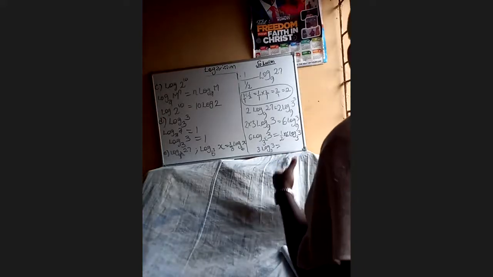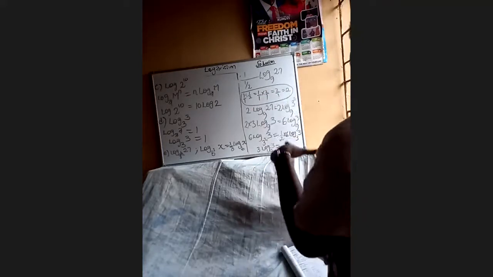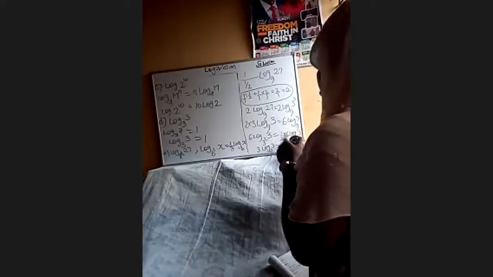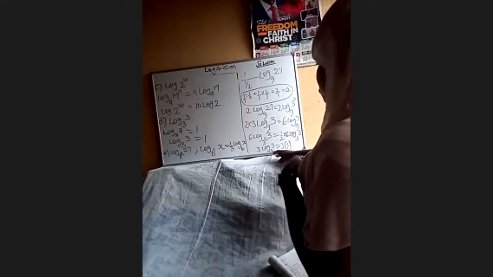Don't forget the rule of logarithm to its own base: when the base and the number are the same, the answer is 1. So we have 3 times 1. Logarithm of 3 to the base of 3 is 1.